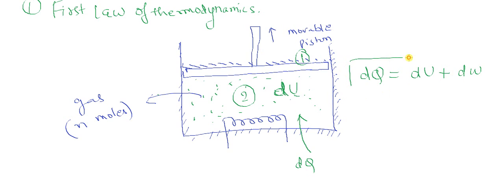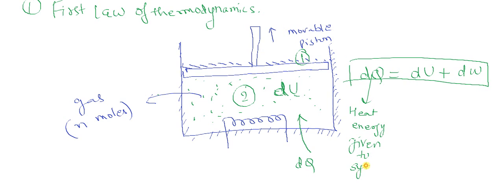This is the first law of thermodynamics. dq is heat energy given to system, and du is change in internal energy of system.